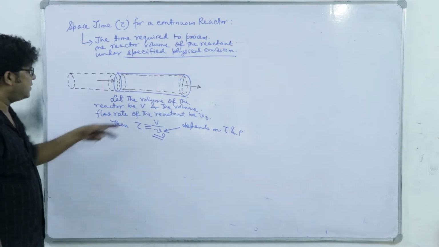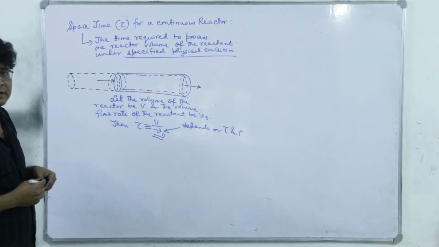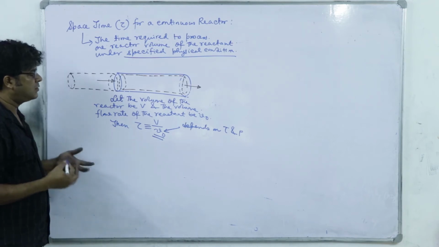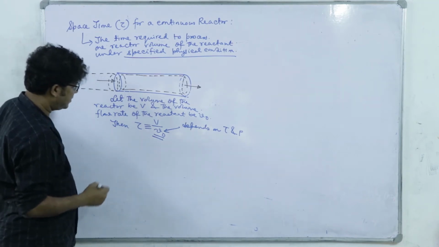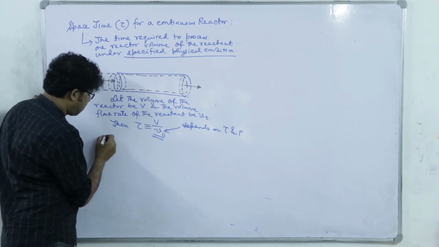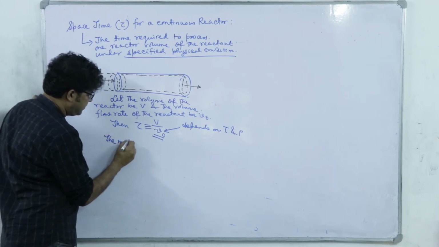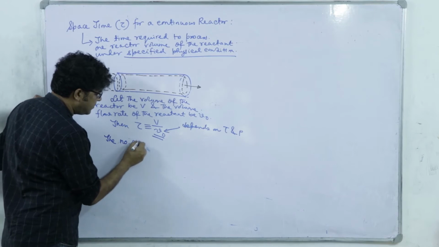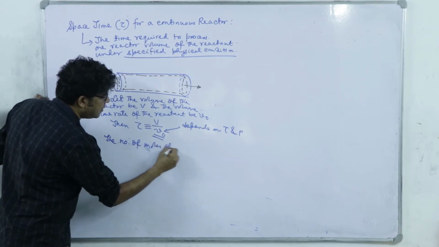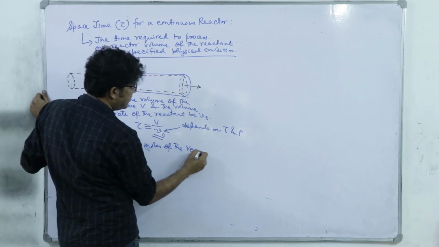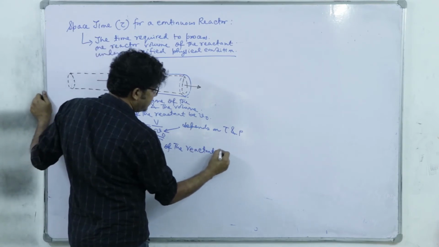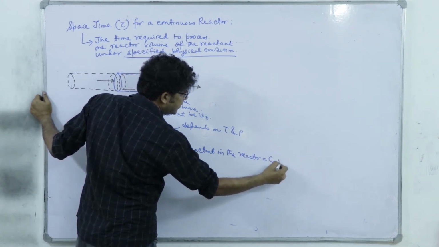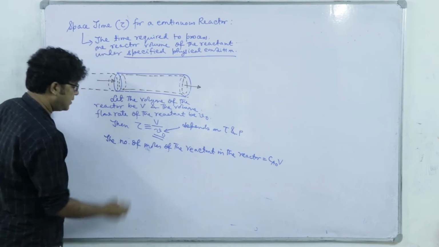Now you see that here we have used these volume based notations. We can also write it in terms of the amount of material, that is mole basis notation, right. So, the number of moles of the reactant in the reactor is Ca naught into V, right.